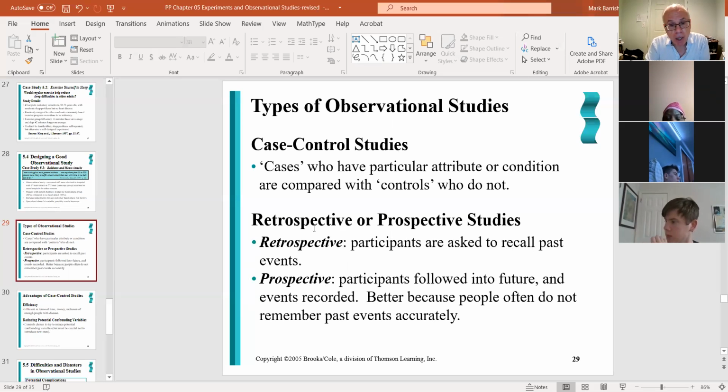So both of these types of studies, retrospective and prospective, are observational studies. So this little slide here is important to remember, because you need to know that case control studies, retrospective studies, and prospective studies are all observational studies. They are not experiments. So please remember that.